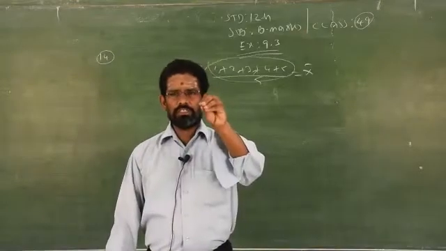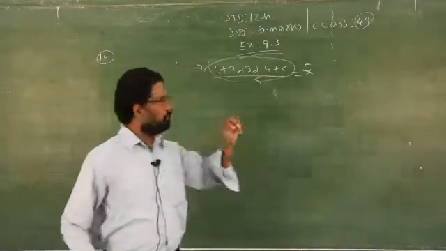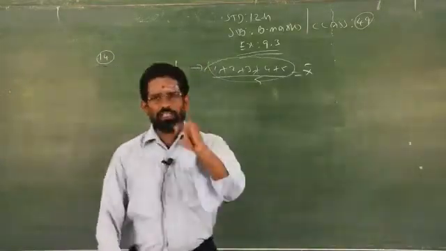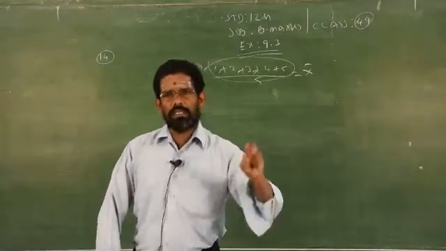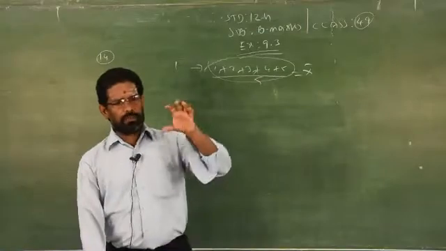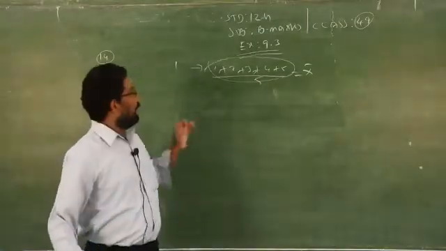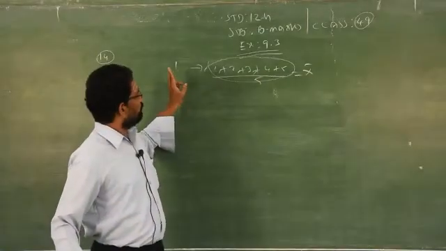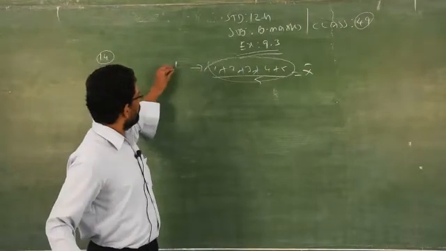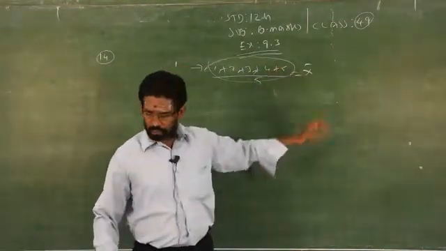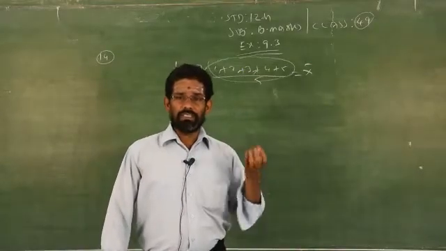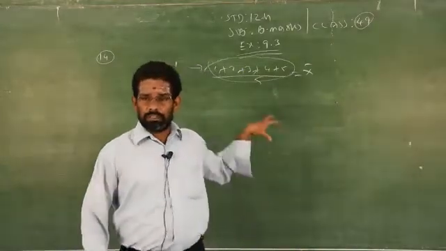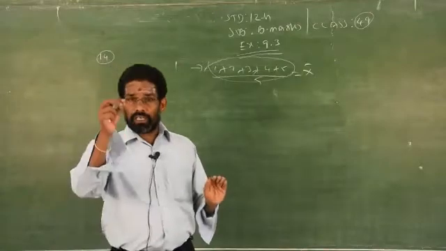The 5 means 5 samples taken from machine number 1, 5 samples from machine number 2, 5 samples from machine number 3, 5 samples from machine number 4. The average mean of the samples taken from the first machine is 15. The range of the samples taken from the first machine is 7. You have to take it like this.